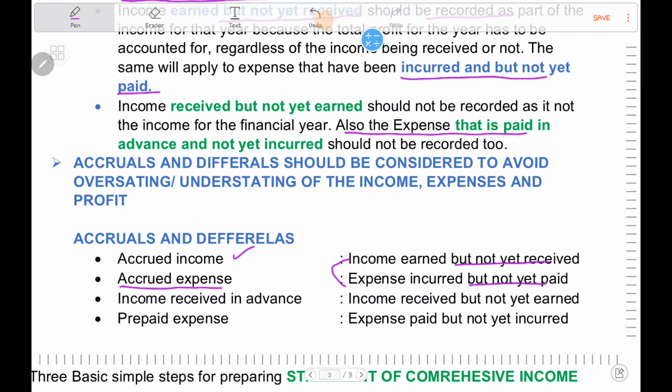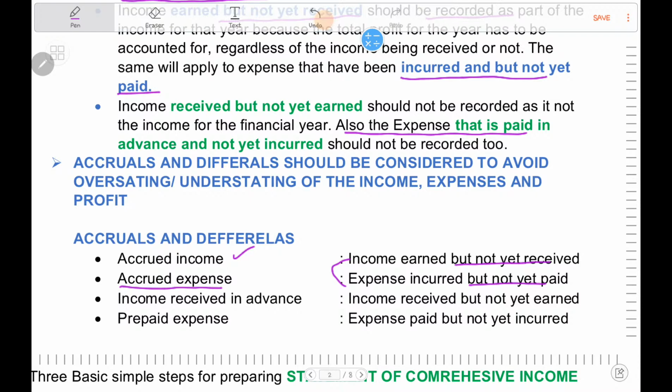Then in terms of the income received in advance, it is just the income that has been received but not yet earned. This means that we receive the amount, maybe for a certain rent, for the next financial year.